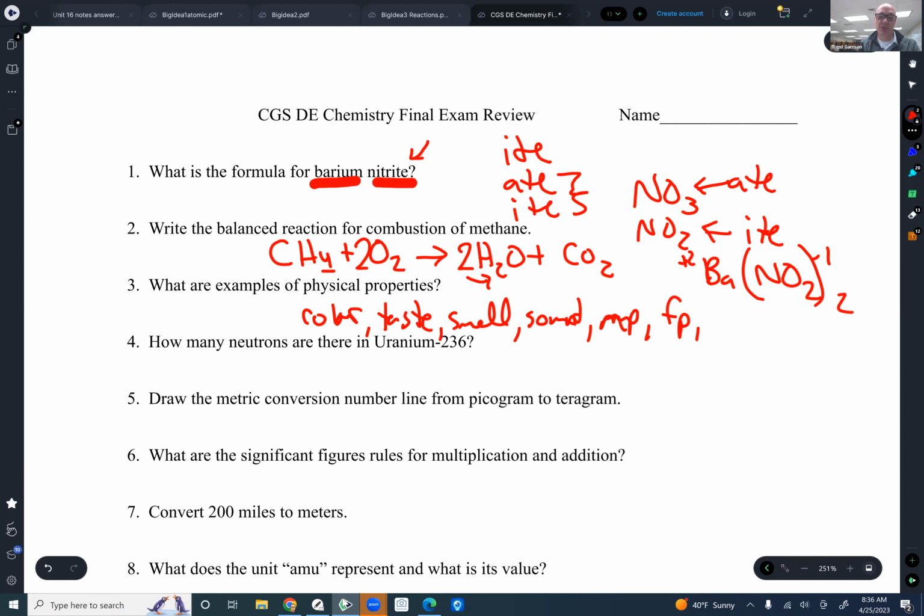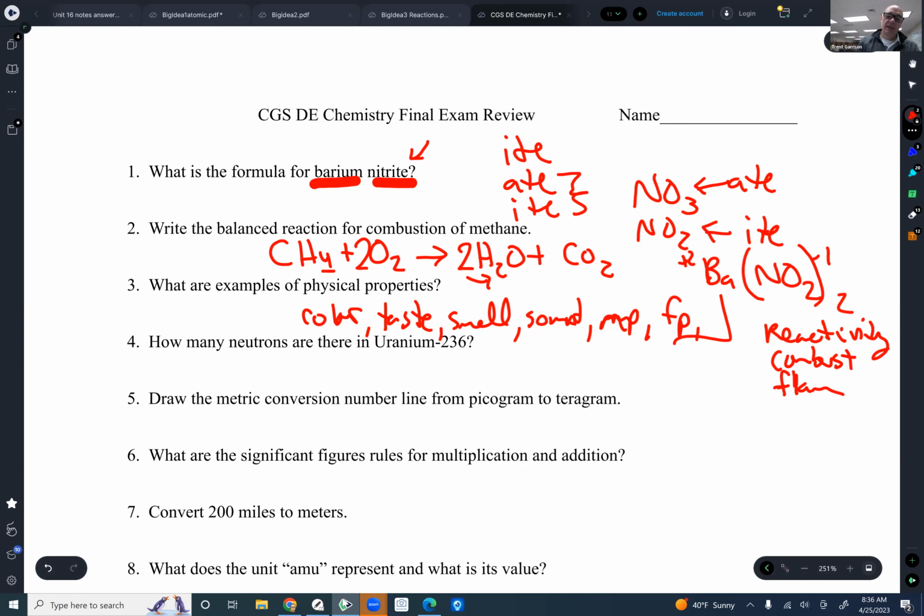It's just a temperature at which it is. You could then talk about ductility. You could talk about conductivity. Those are all physical properties. But then the chemical properties, those are ones that actually change the material. Those are reactivity, combustibility and flammability.